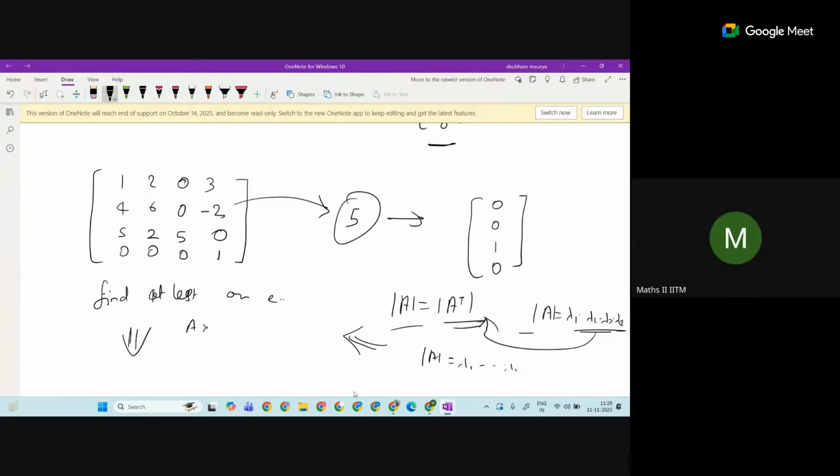No, I want one other eigenvalue different from 5. Except 5, what is going to be the eigenvalue of this one? Another eigenvalue. Yes, sir, we can calculate. What is that?